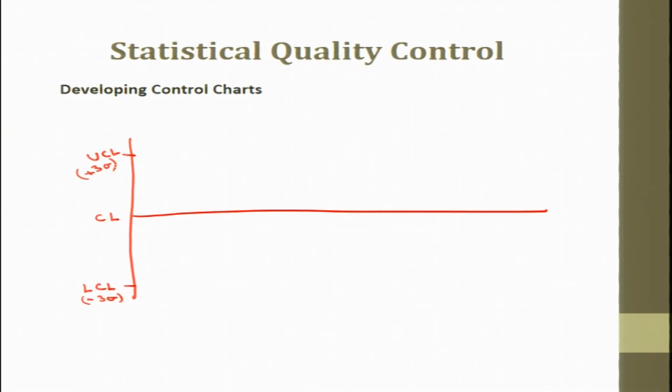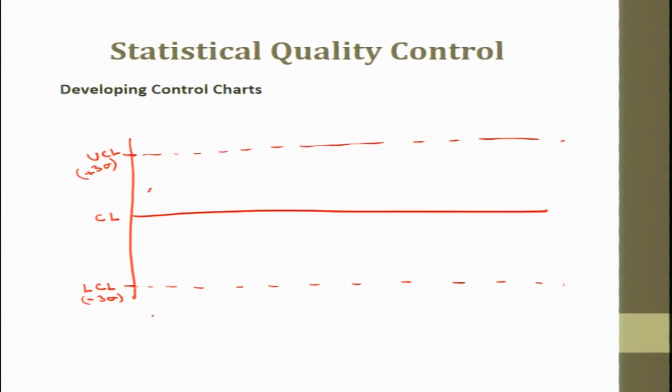Specifically in the case of the X bar chart, this value is there. So we have this line here, this is the upper control limit, this is the lower control limit. Then we will have our process or our points here.